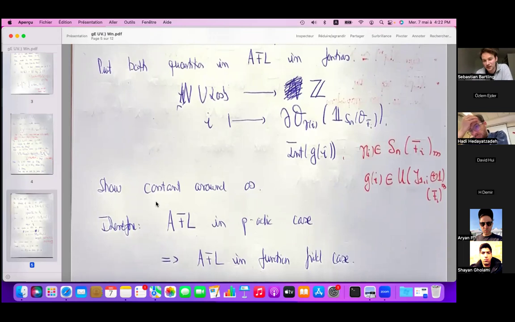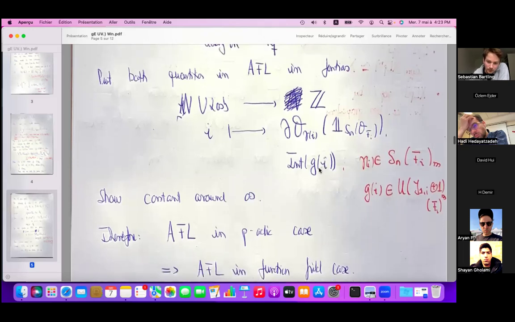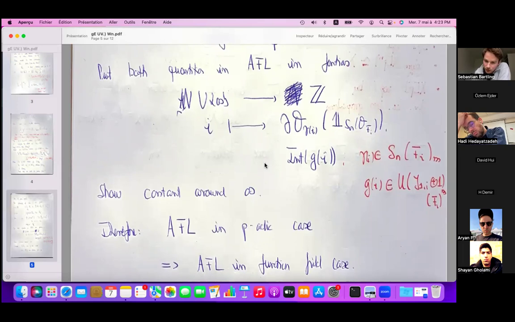And then, of course, the big question is how you are able to construct these functions. I don't want to talk about this analytic side, but the main work is really to construct this function on the geometric side.